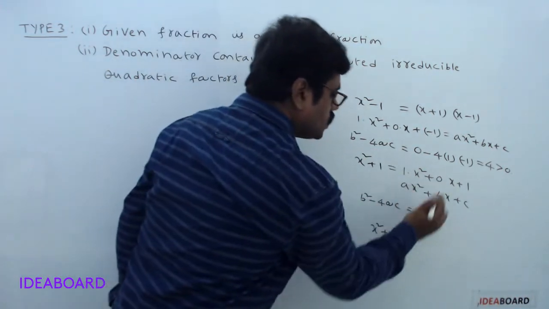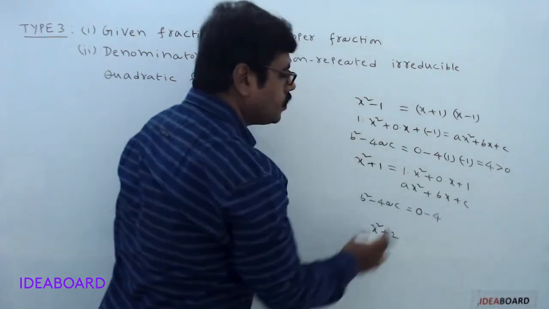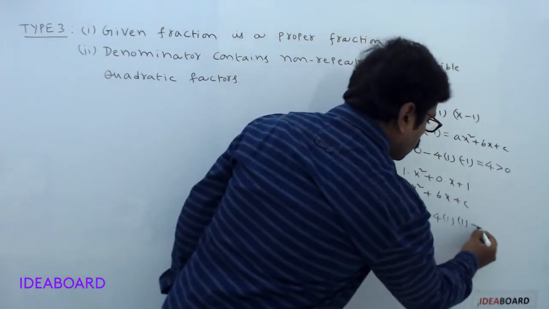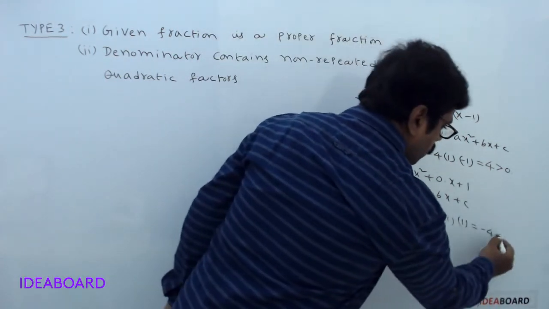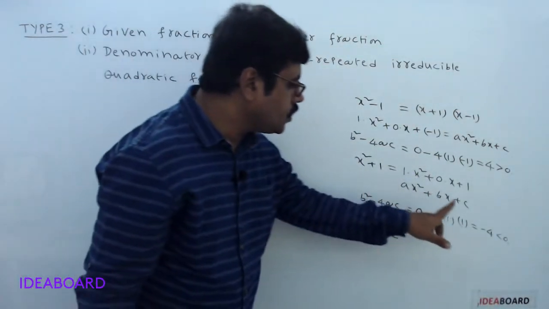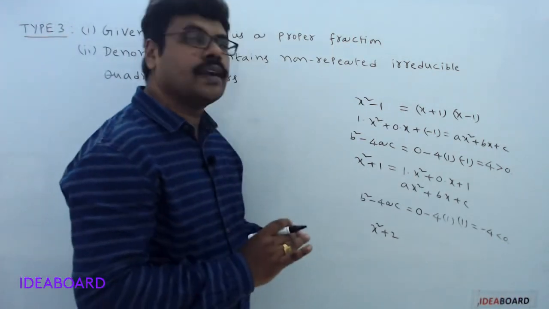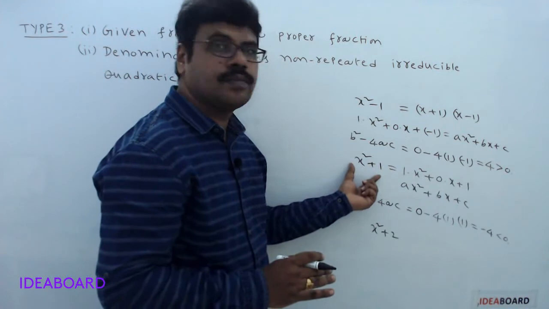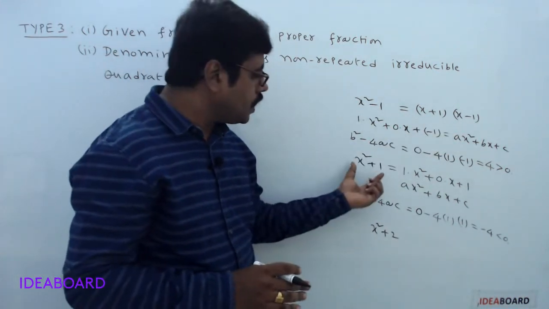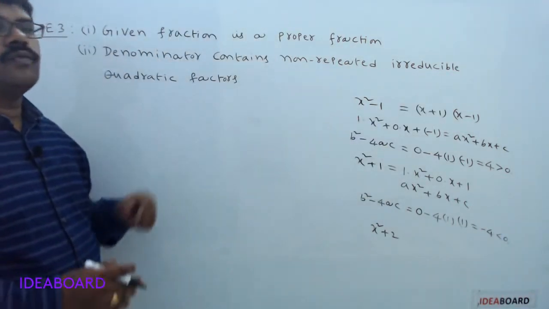Now b value 0, b square 0, minus 4 into a value 1, c value 1. It will be minus 4, less than 0. So the discriminant value is less than 0. It means we cannot factorize this second degree expression as a product of two linear factors. Simply it is called an irreducible quadratic factor.